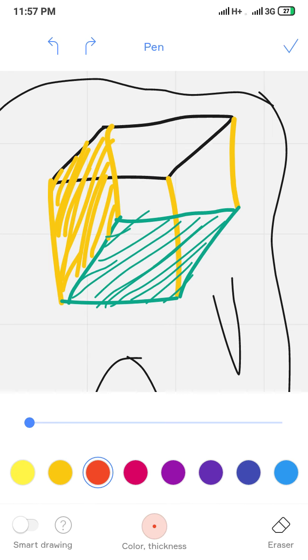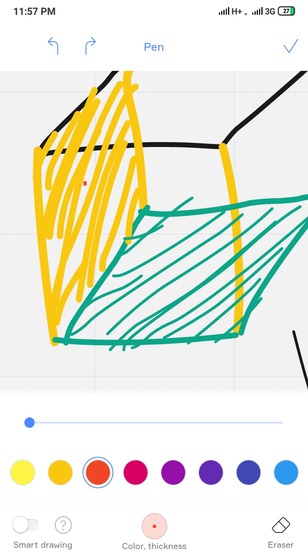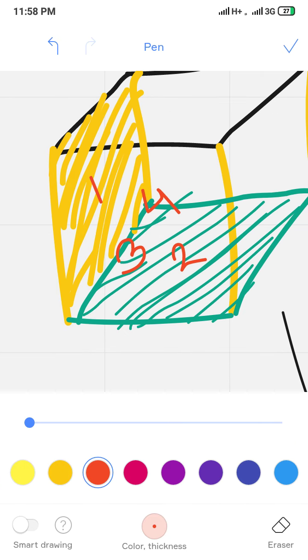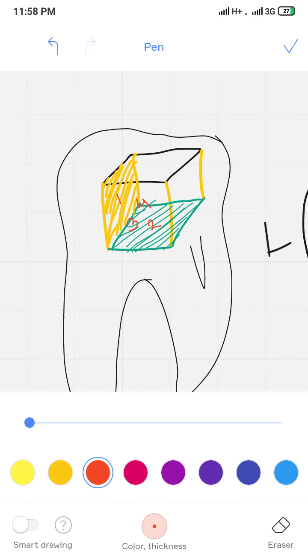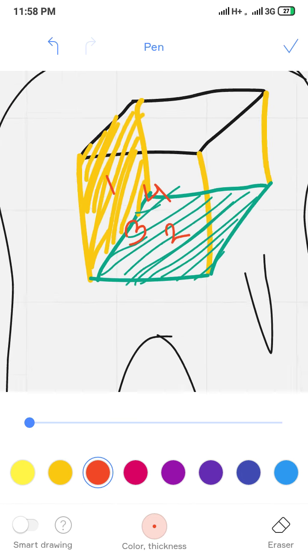So if we differentiate between the walls, for example, this one is a wall. Let's say number 1, number 2, number 3, and number 4. So number 1 is a pulpal wall, which for this particular case is the distal wall. So let's say this part is mesial, so this is the distal wall.